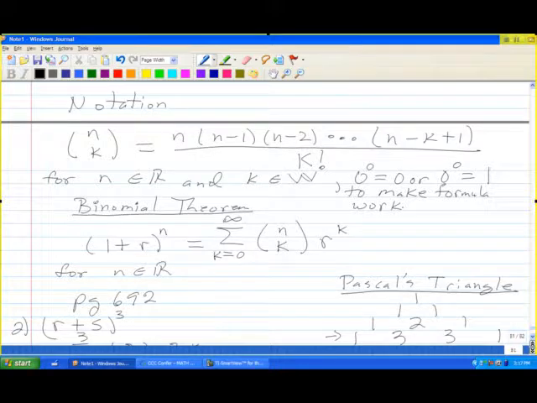So if some of the variables are 0, the formula still works.